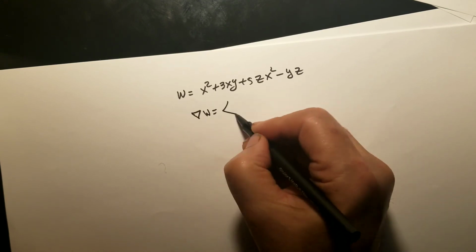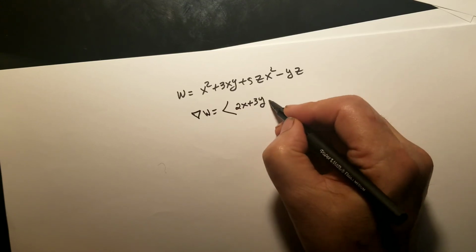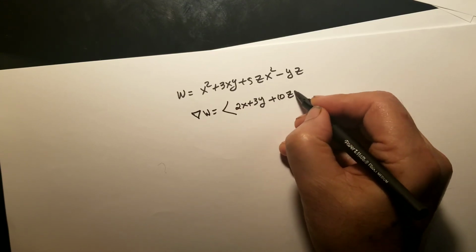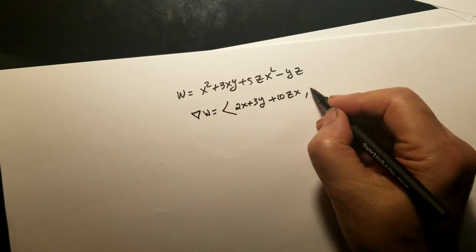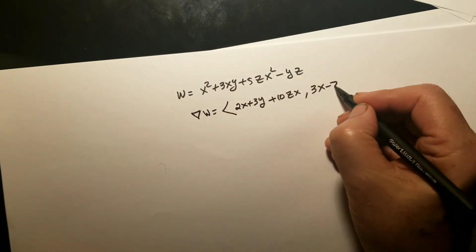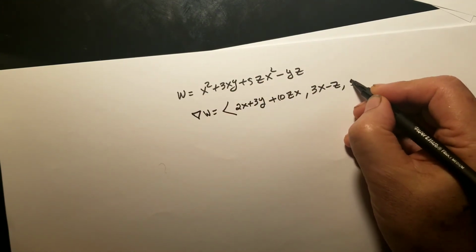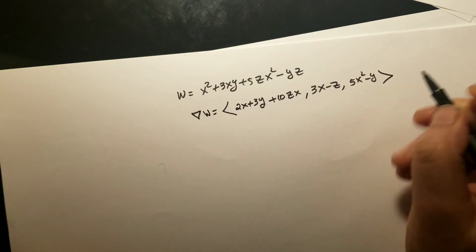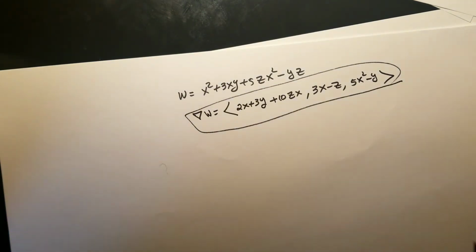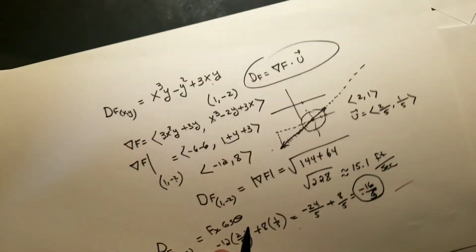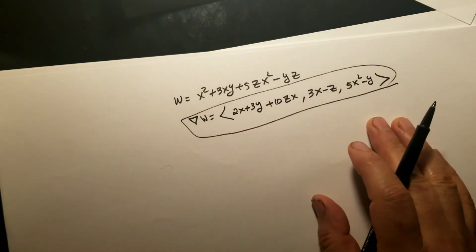The gradient is the partial derivative with respect to x, which is 2x plus 3y plus 10zx, with respect to y is 3x minus z, and with respect to z, it has 5x squared minus y. Yes, you do have a gradient, but that gradient cannot be applied to a directional derivative, but you're going to have another application in R3.